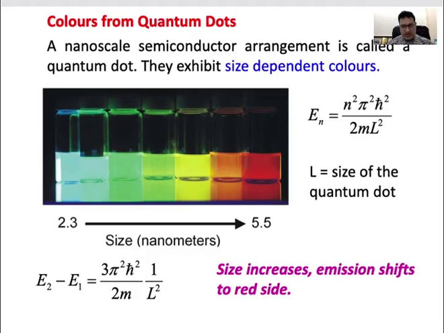As the size increases, the color is also changing. So now if you take the energy difference between the two energy levels, that means E2 minus E1, then it comes out to be 3 pi square h cross square over 2mL square, and then the energy difference goes as 1 over L square. Okay, so as the size increases, the emission shifts to the red side.